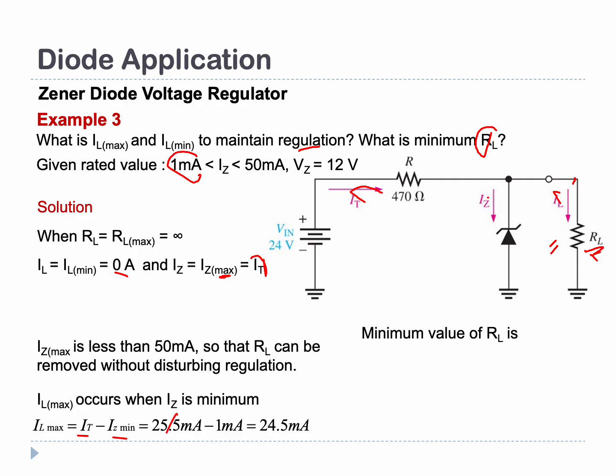How did you get 25.5 milliampere here? By determining the value of IT. How to determine the value of IT? Here is your IT. When your Zener here is turned on, by Kirchhoff your current will flow this way, so it's going to be negative 24.